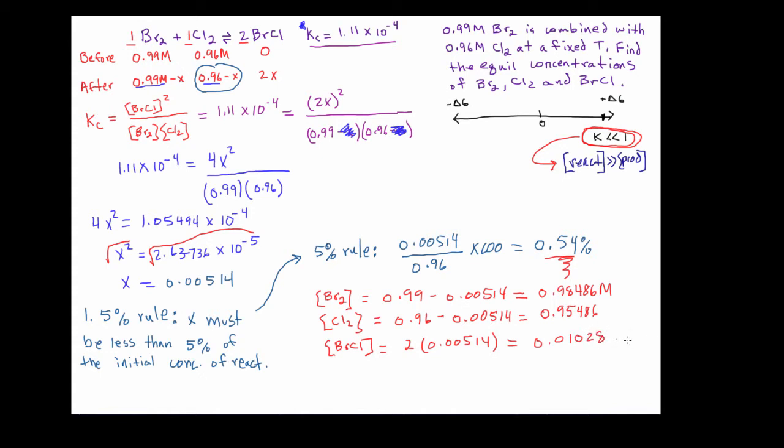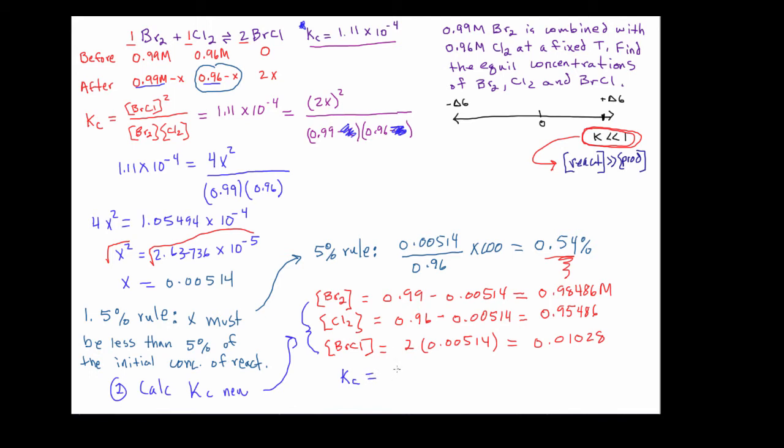Now, what we need to do as a second test is calculate Kc new using these values. And if our assumption was correct, then the new Kc that we get, our new equilibrium constant, should be very close to the actual Kc.